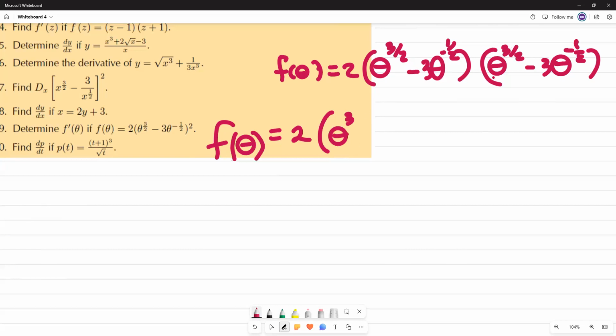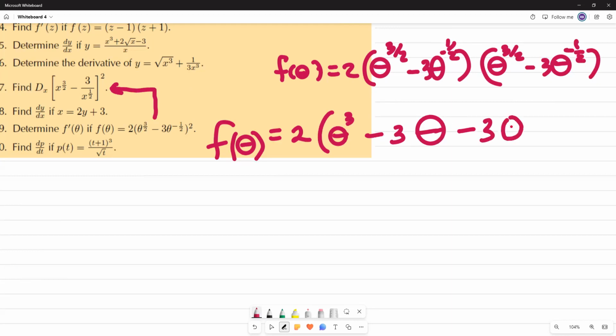You add the exponents, remember. Then when I have minus 3 theta, 3 over 2 minus that gives you 1. So you have minus 3 theta, and then minus another 3 theta. I'm just realizing something. Number 9 and 7 are exactly the same as well.